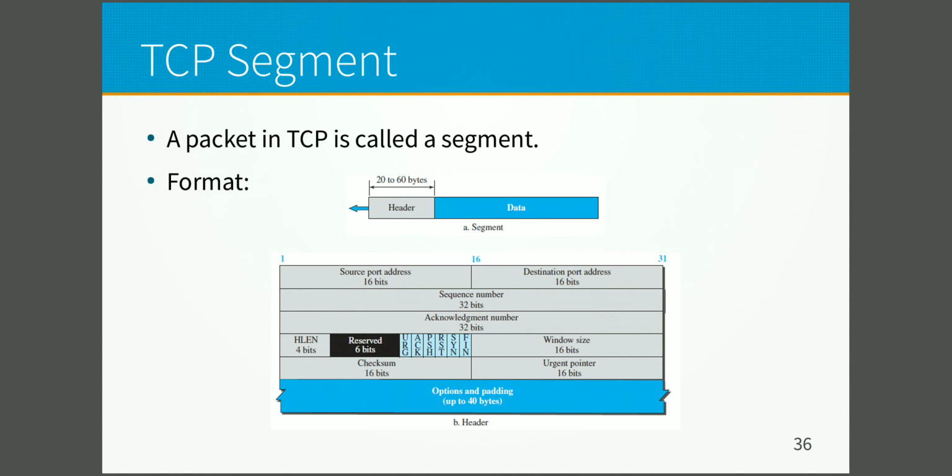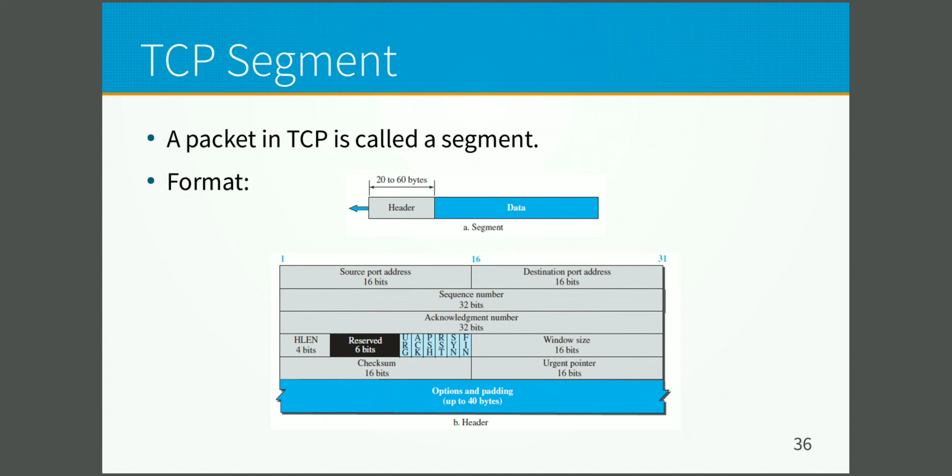So the header length is measured in multiples of 4. The smallest value being 5, 0101, and the largest value being 15, which is all ones.